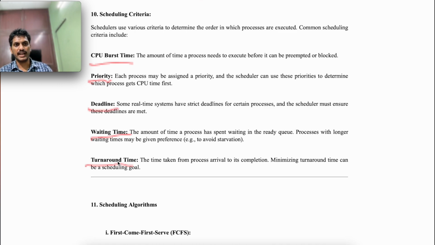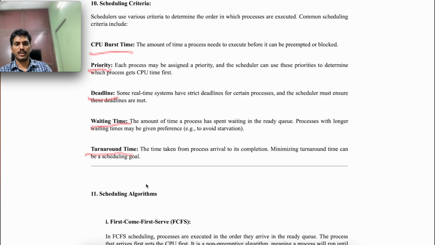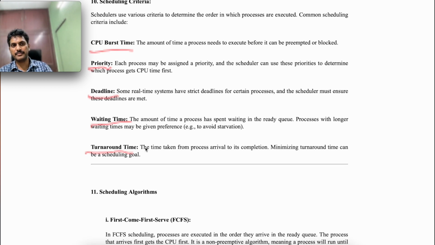When we enter the college at 12 o'clock and leave at 5 o'clock, that is a 5 hour turnaround time. When a process enters the system, we note down the time, and when it leaves the system, we note down the time. The time between entering and leaving is the turnaround time. Okay.